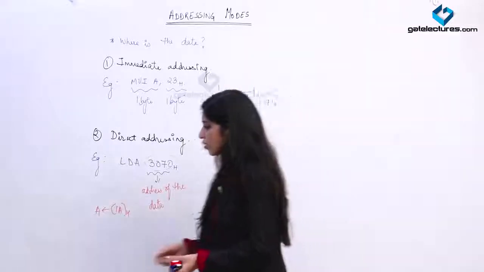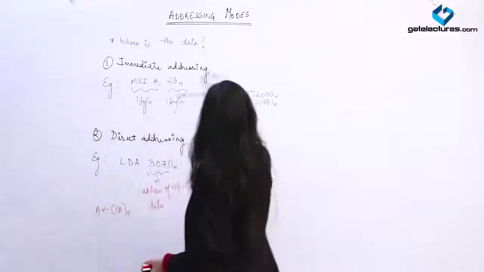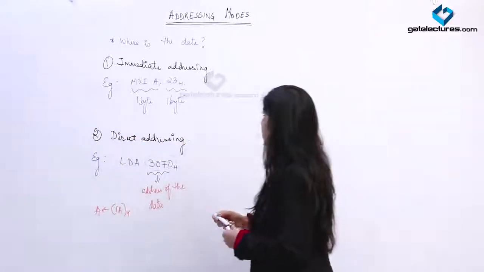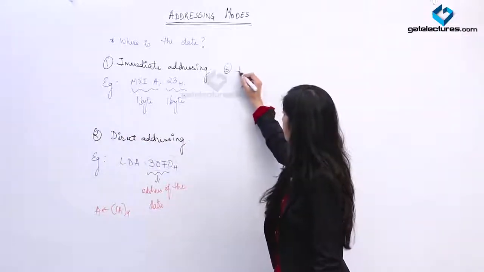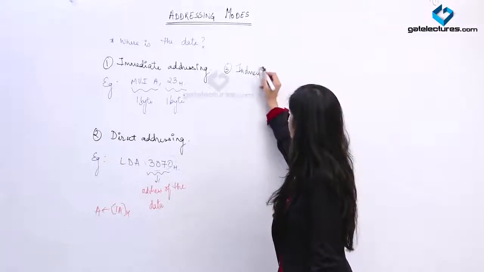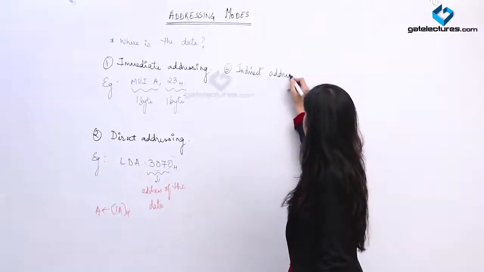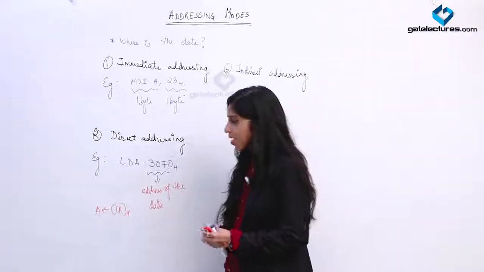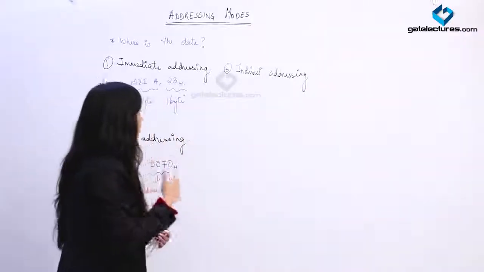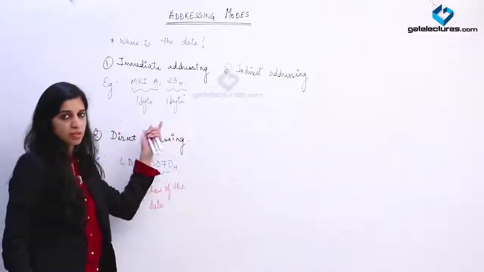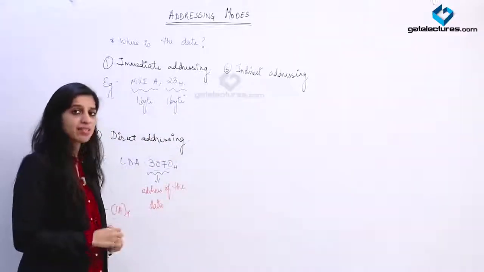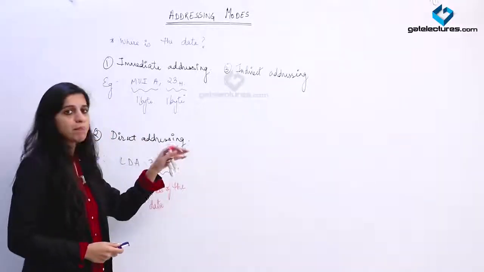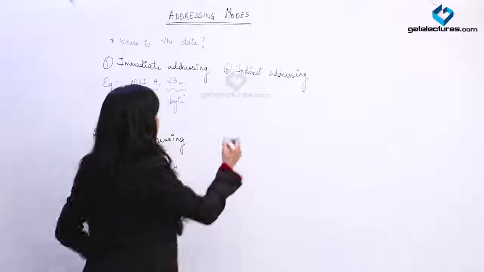The next mode is indirect addressing. What happens in indirect addressing is, the data is not located in the immediate location, and we're not giving the data address directly. We're not giving the memory location of the data directly. From some place the memory location has to be identified.